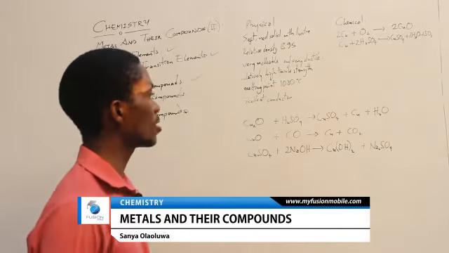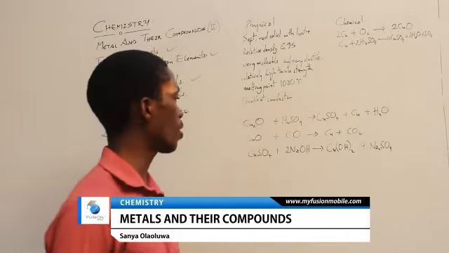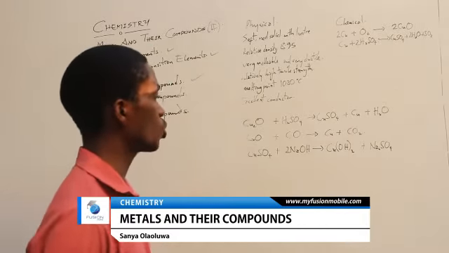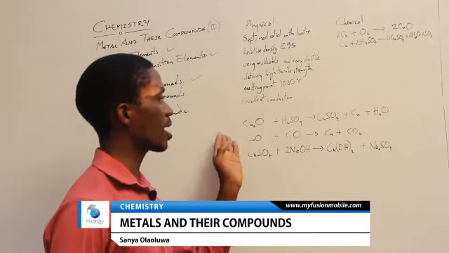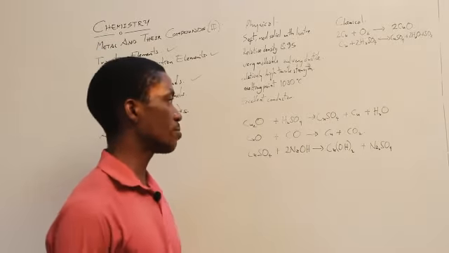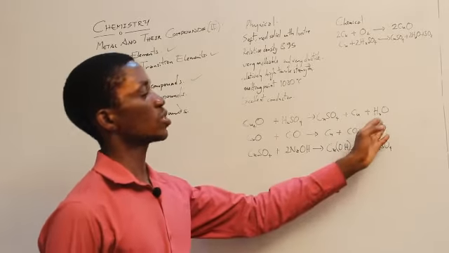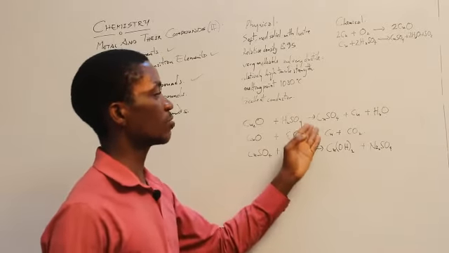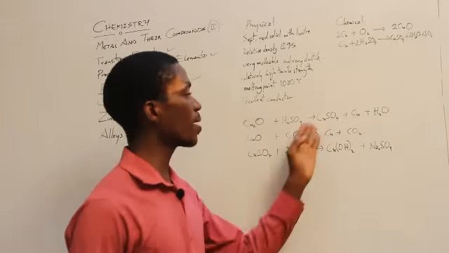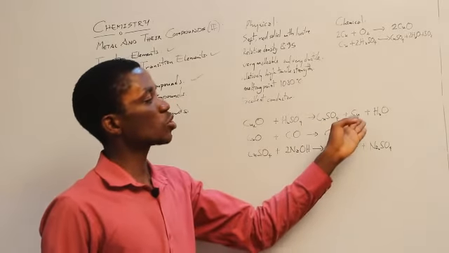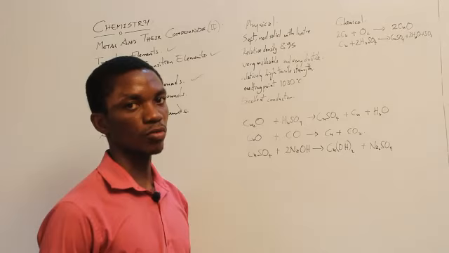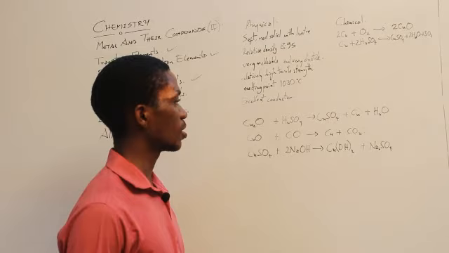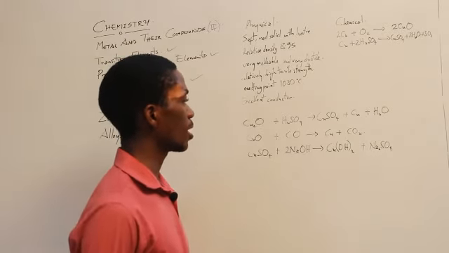Okay, let's look at the oxides of copper. Copper has 2 oxides, that's copper 1 oxide and copper 2 oxide. Copper 1 oxide can react with acids, of course, and when it reacts, it will produce the copper salt, and it will also produce copper itself, because of the nature of the substance.